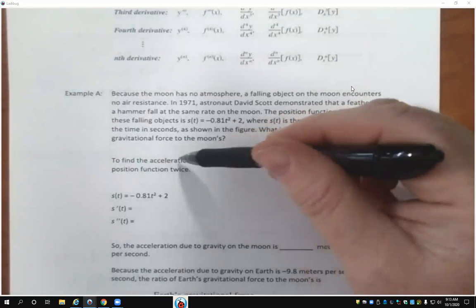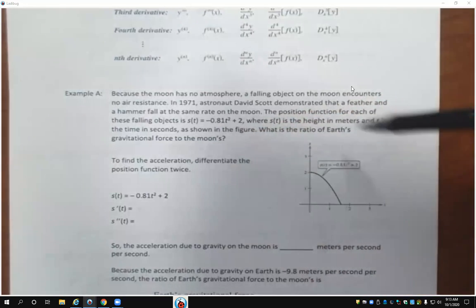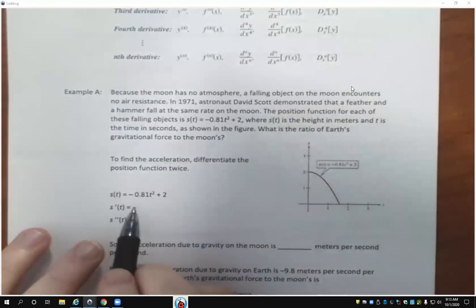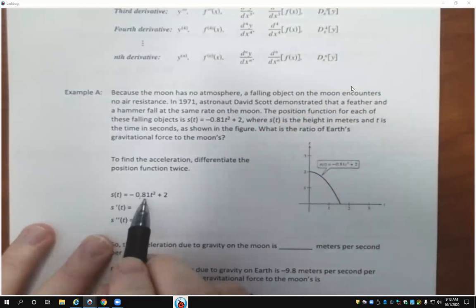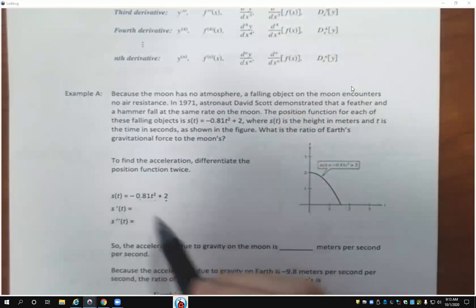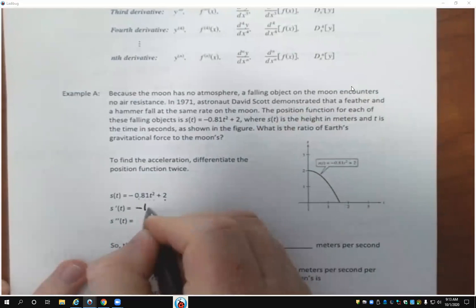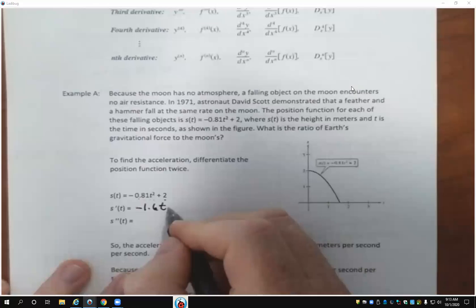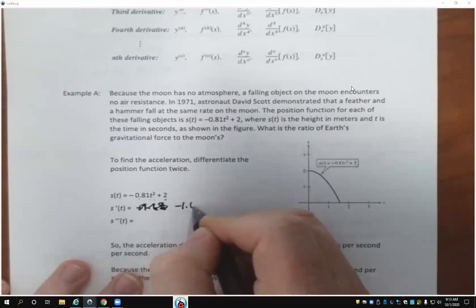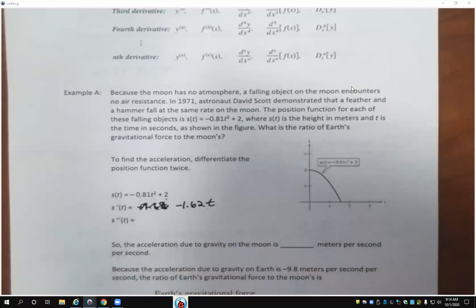To find the acceleration, we differentiate position twice. The ratio of the Earth's gravitational force is the acceleration. The derivative of negative 0.81 t squared plus 2 is 2 times negative 0.81, which is negative 1.62, times t to the first.